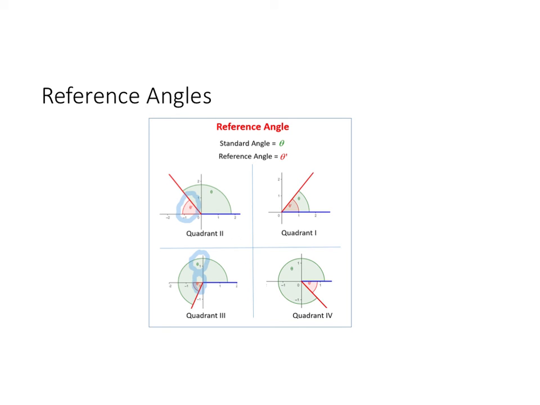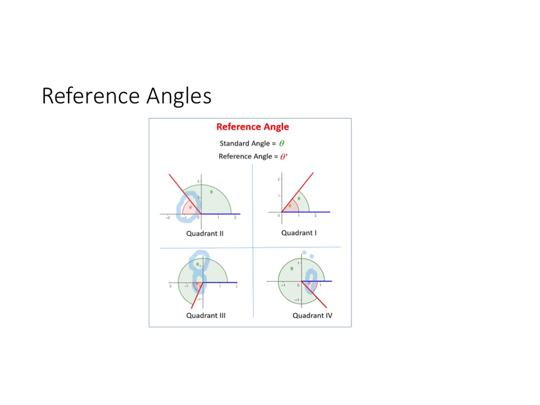And lastly, when we're in quadrant 4, the standard angle starts at the positive x-axis, goes all the way to the terminal side, which happens to be in quadrant 4. The reference angle, however, goes from that terminal side to the positive x-axis. That's the reference angle.